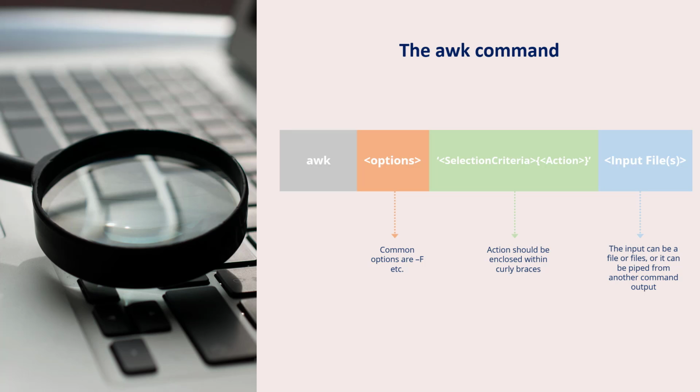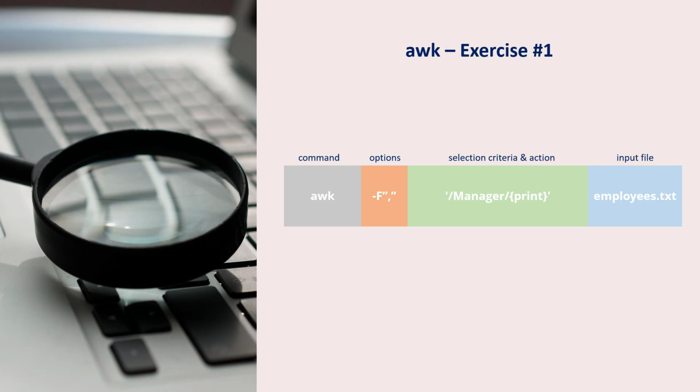But an important difference in awk is that the action is enclosed in a pair of curly braces. So make sure you don't miss this. Then finally we have our input file or files, or you can even pipe the output from any other command to awk. Let's jump straight to our first exercise now.